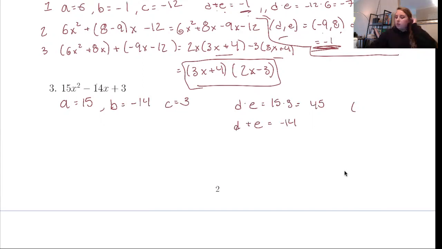And they're going to be far apart from each other since it's negative 14. So I actually don't know the answer to this one. Just sitting here thinking of numbers.